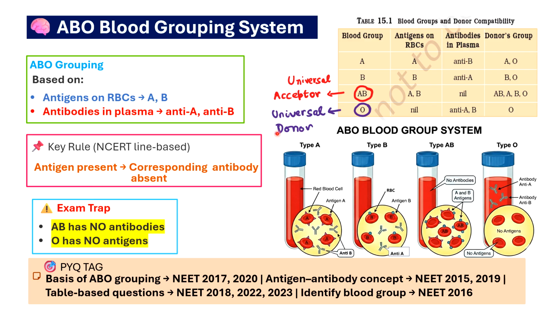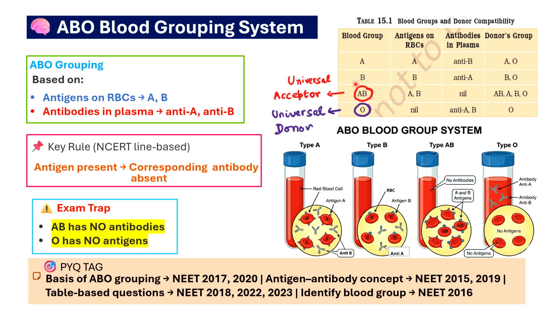Okay, so now let's look into blood group type A. It should have antigen A on its RBC surface, so antibody A would be absent, or the opposite type, that is anti-B, would be present in the plasma. Is that clear?